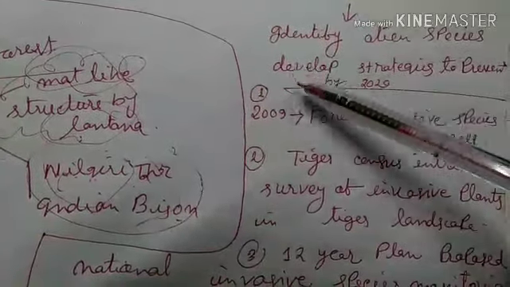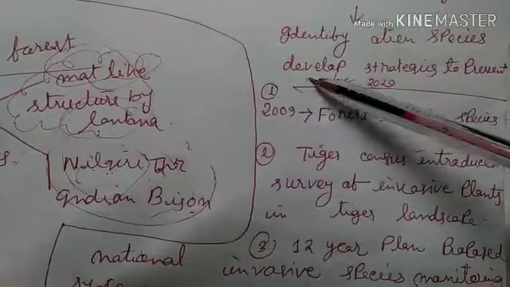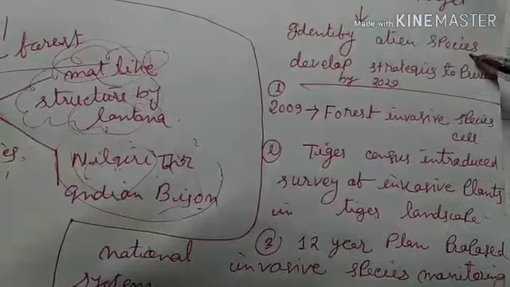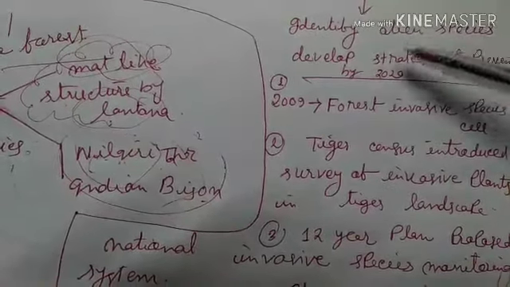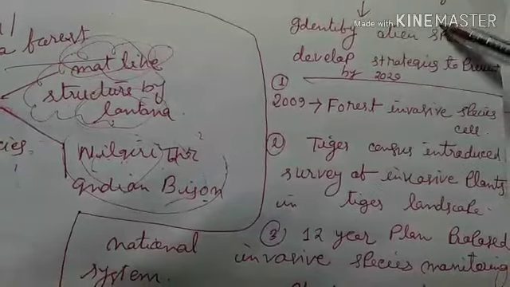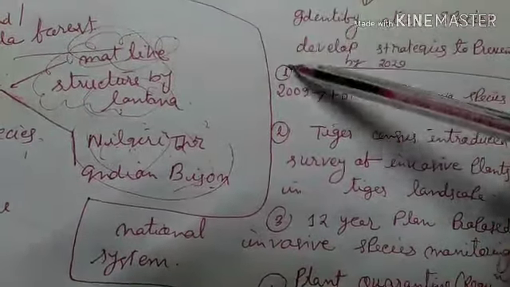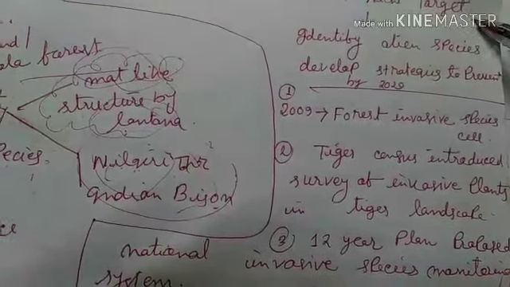India has taken steps to identify alien species, the root causes of their growth, and to develop strategies to prevent the growth of invasive species by 2020. These steps are taken under the banner of the Aichi target.